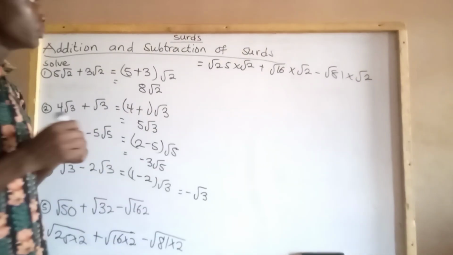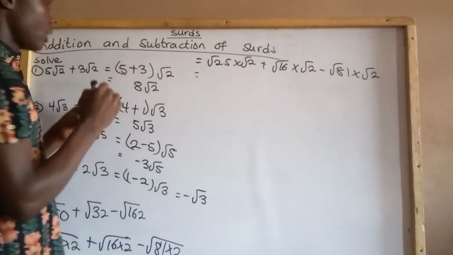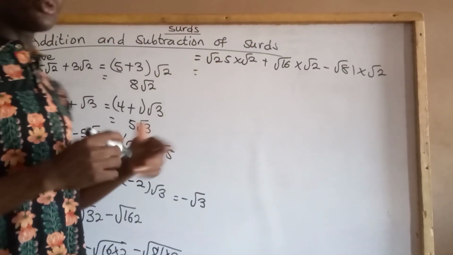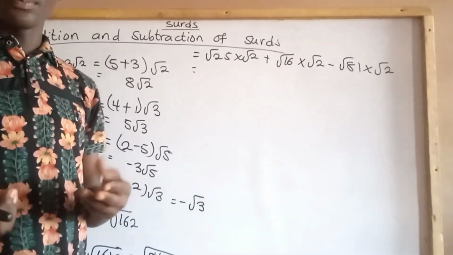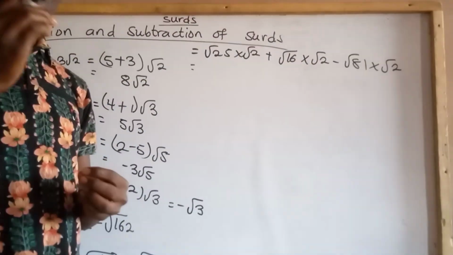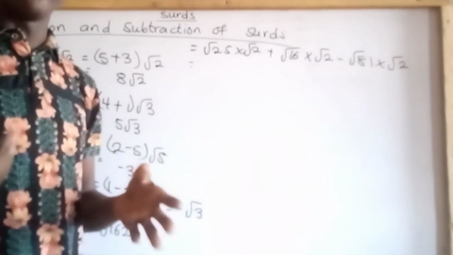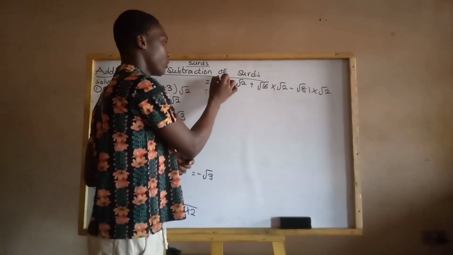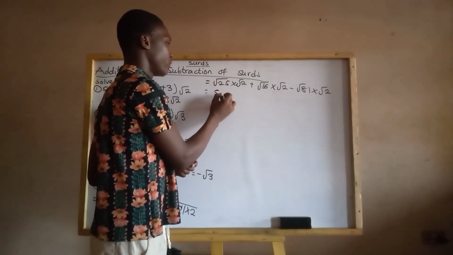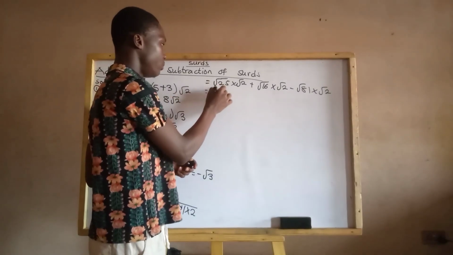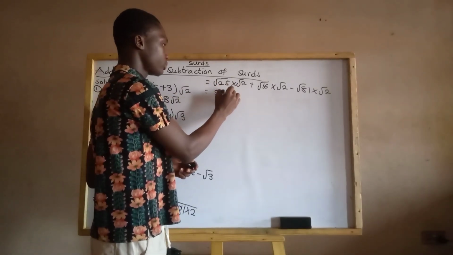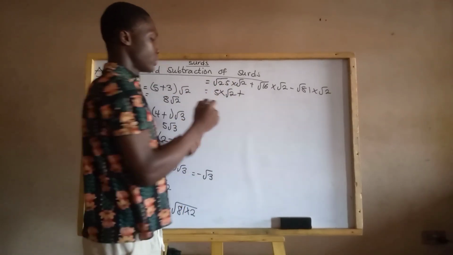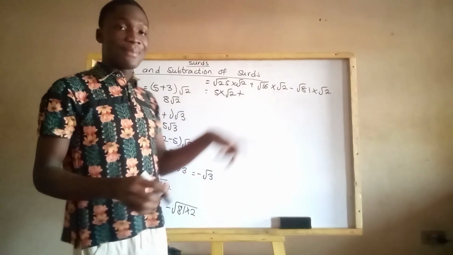So now let's continue. From here, root of 25. Since 25 is a perfect square, it means that a certain number multiplies itself to give 25, and that number is 5. So root of 25 gives 5. So this 5 multiplies root of 2, plus here 16 is a perfect square.